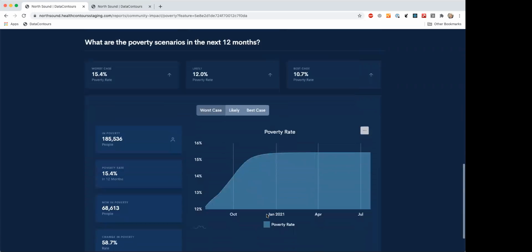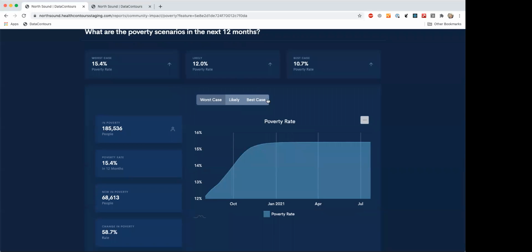So what are the implications if we carry those economic scenarios through over the next 12 months? What are the implications for poverty? Again, we have in the worst and likely scenario, an increasing unemployment rate or an increasing long-term unemployment rate through the end of the year. So we would expect with the worst case that poverty peaks at about 15%.